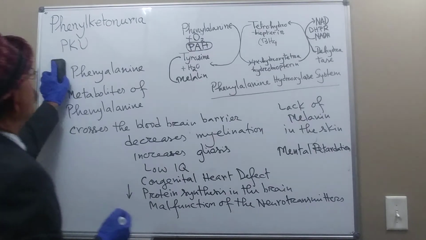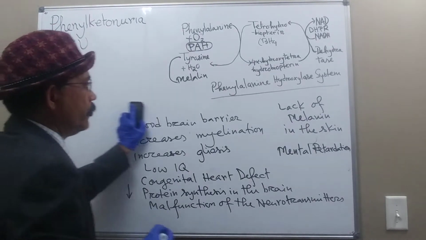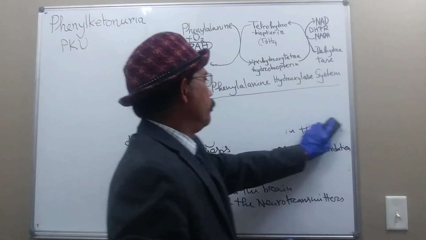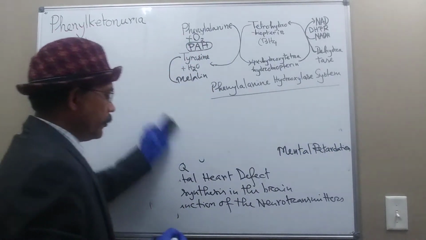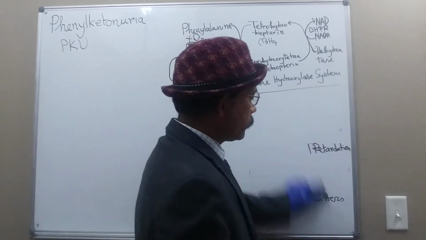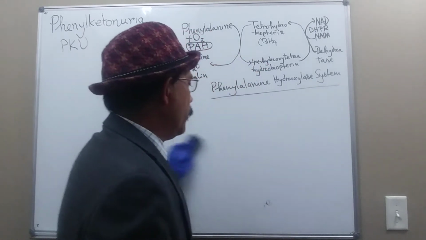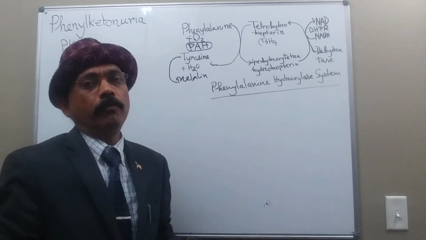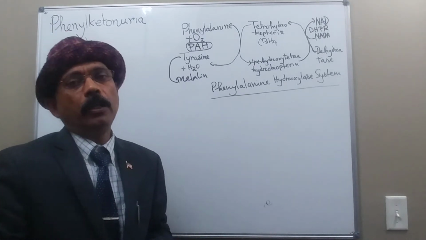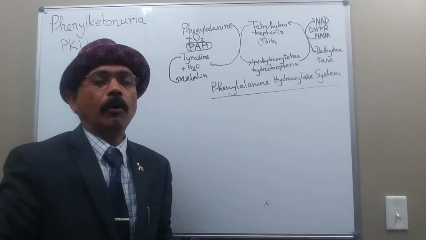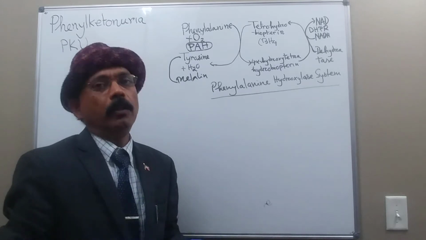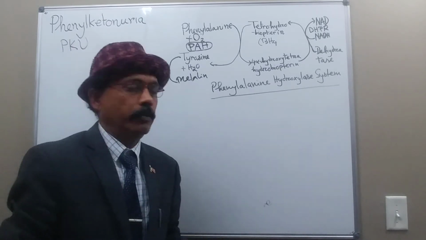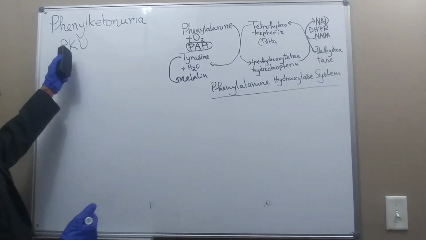If a lady is homozygous for PKU and she is pregnant, then her baby will also develop the symptoms of phenylketonuria, irrespective of the fetal genotype.